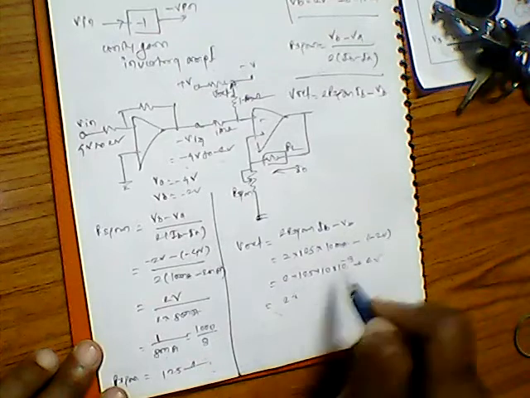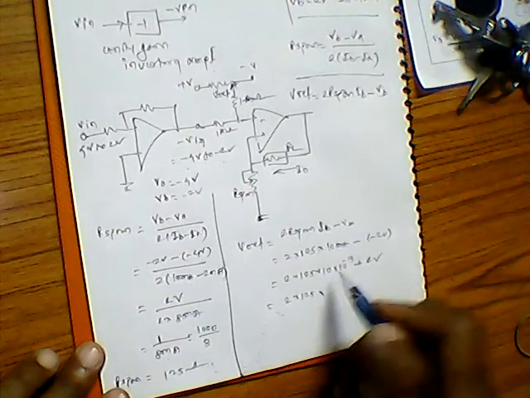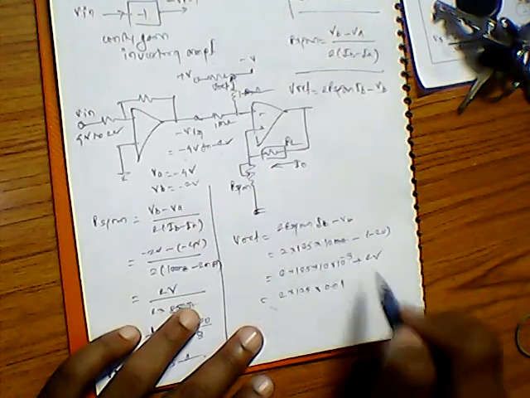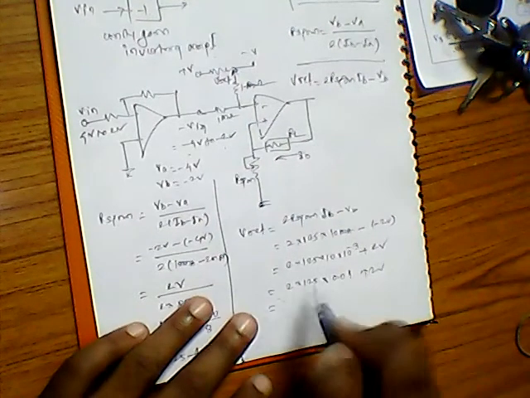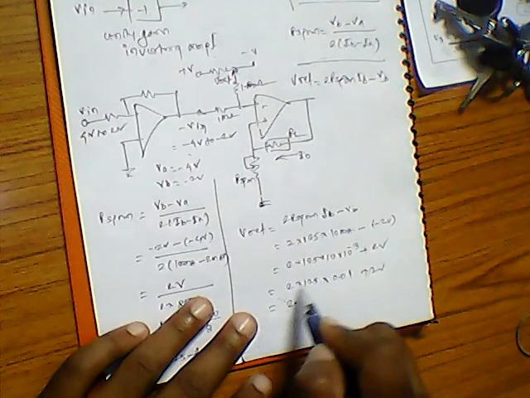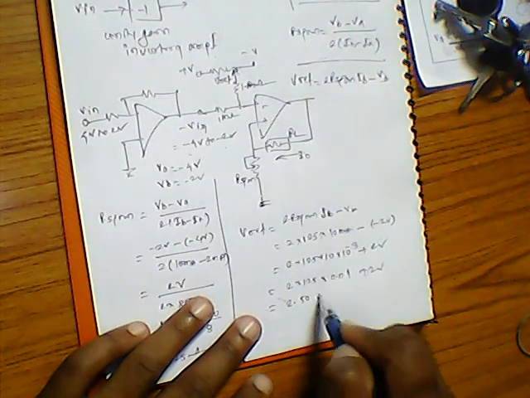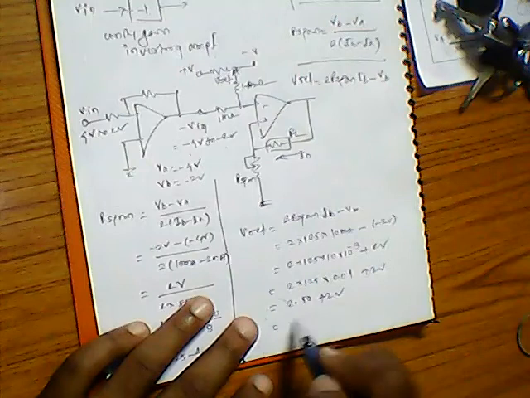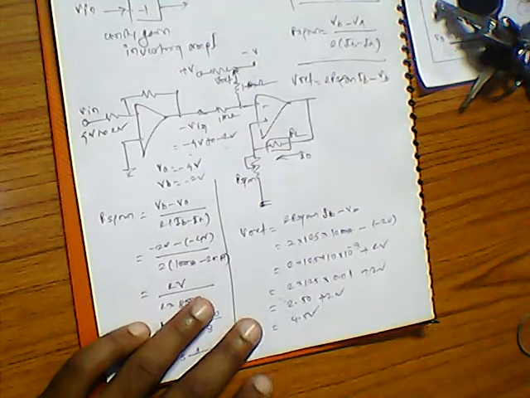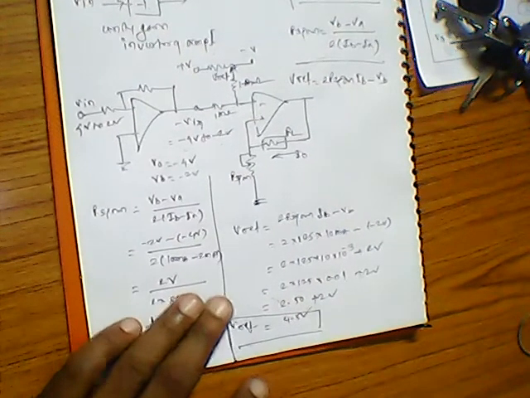So 2 into 125 multiplied by 0.01 plus 2 volt. So this is going to be 2.5 plus 2 volt, that is going to be 4.5. So V reference is going to be 4.5 volt.